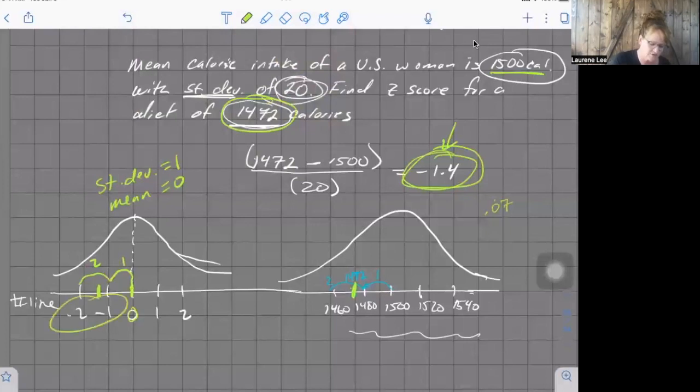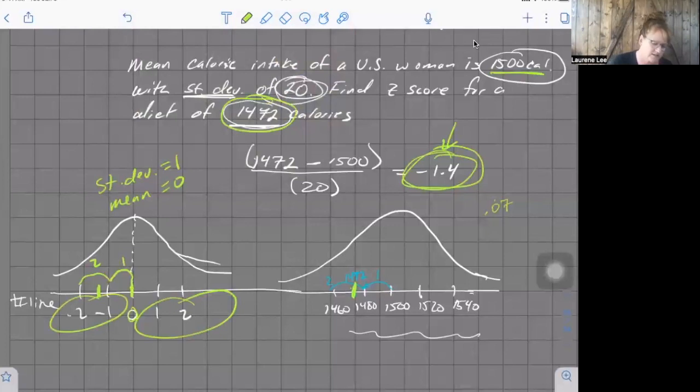These are negative numbers. These are positive numbers. So it's under the mean. It's exactly 1.4 standard deviations away. So it's a typical score, right? It's not an outlier because it's not more than 2 standard deviations away. And so that's the advantage of a z-score. It just allows us to normalize.